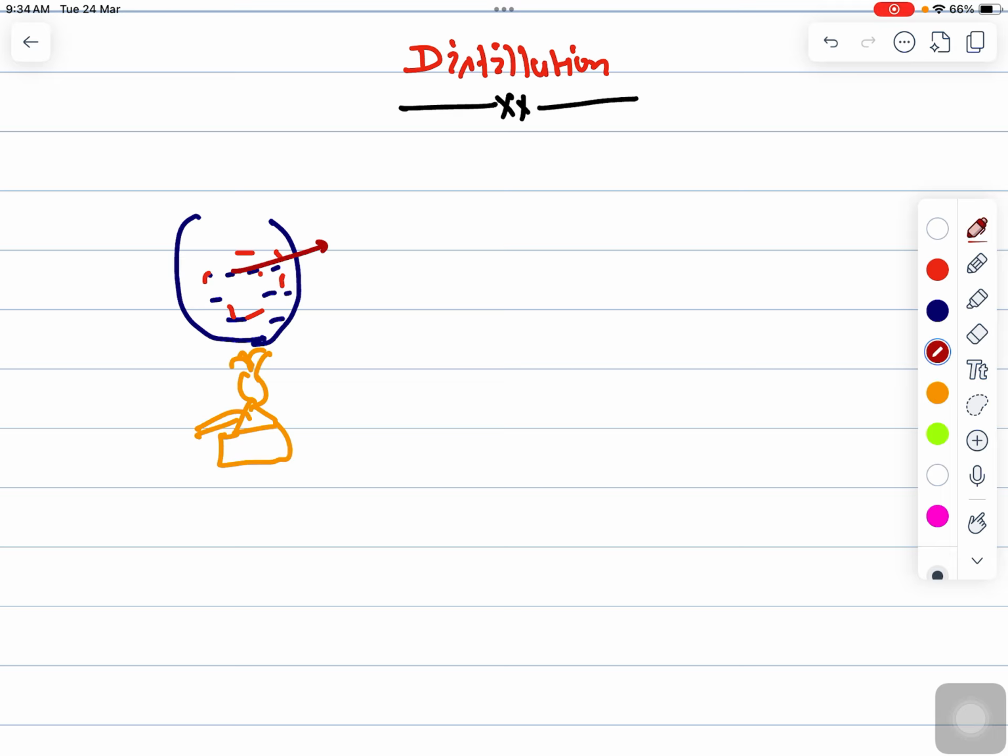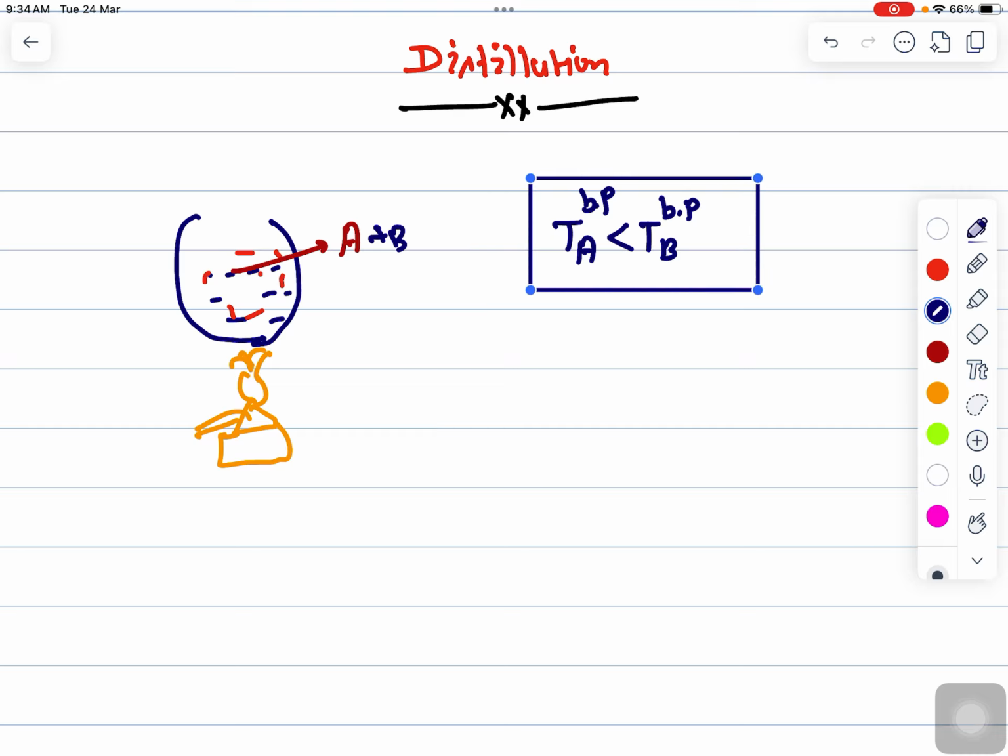So there are two liquids, A and B. And if the boiling point of A is less than the boiling point of B, basically what will happen, when A reaches its boiling point, it will start getting evaporated.